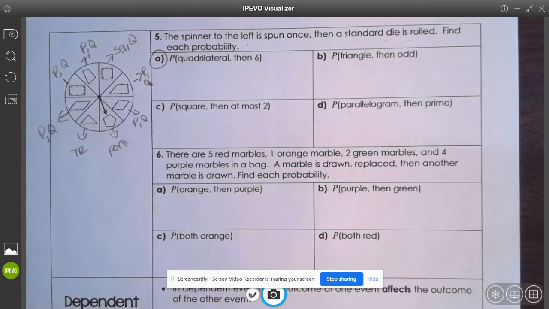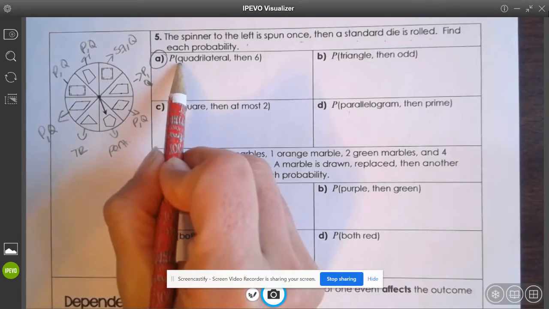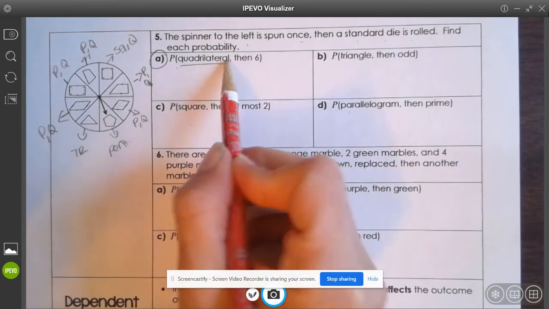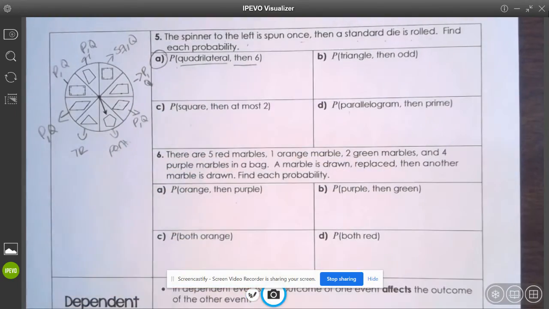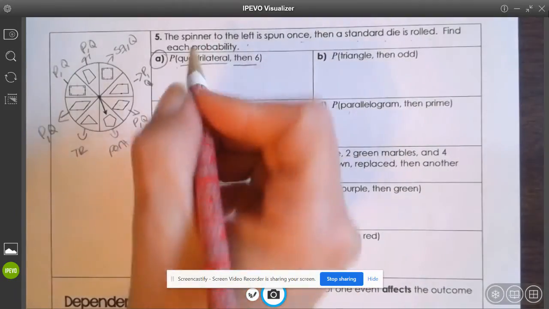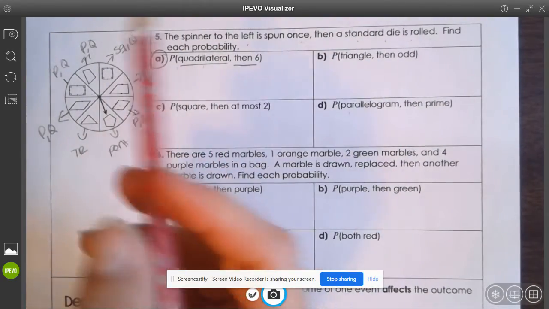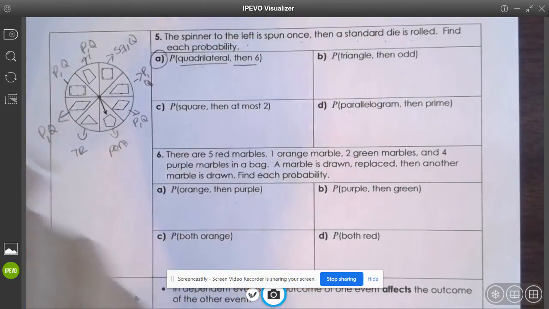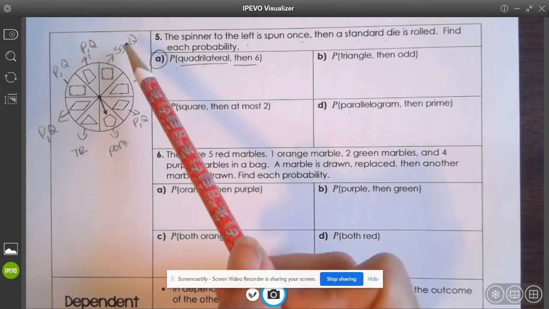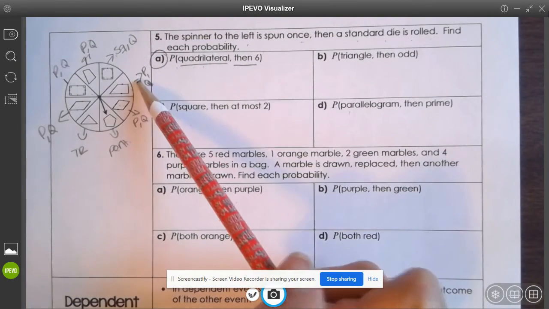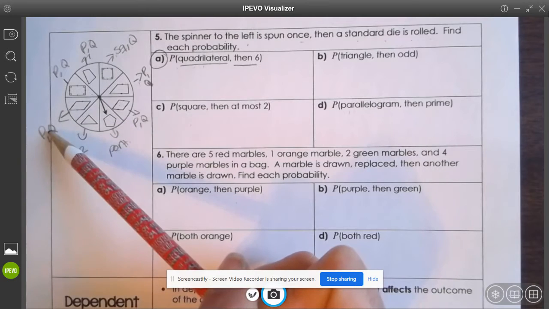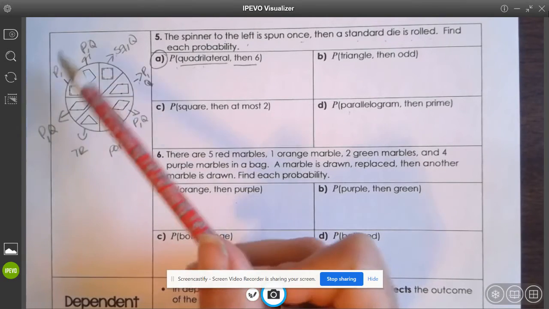So it says the probability that it falls on a quadrilateral, then you get a 6 on the die. All right, so let's see how many are quadrilaterals. I wrote it here for you. Quadrilateral is 1. We have 2, 3, 4, 5, 6.